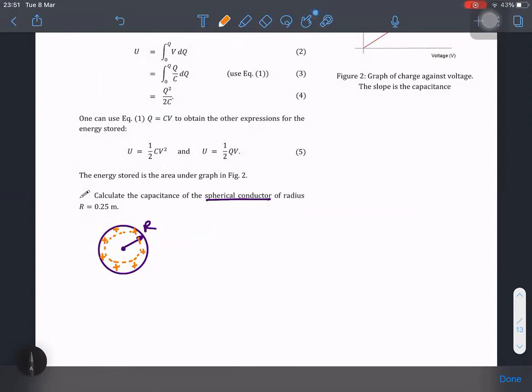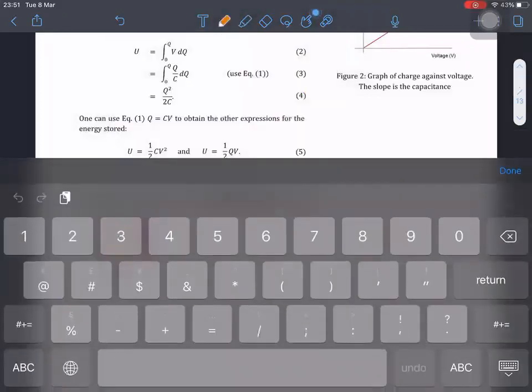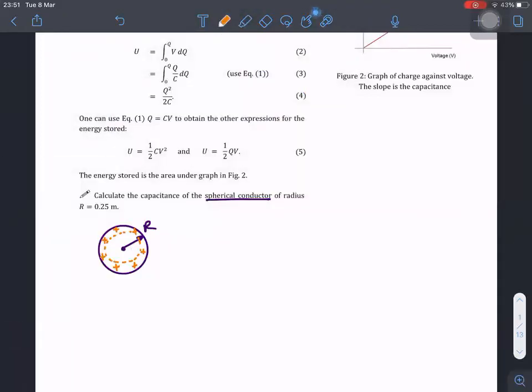And from here, we should be able to find the electric potential of this sphere.